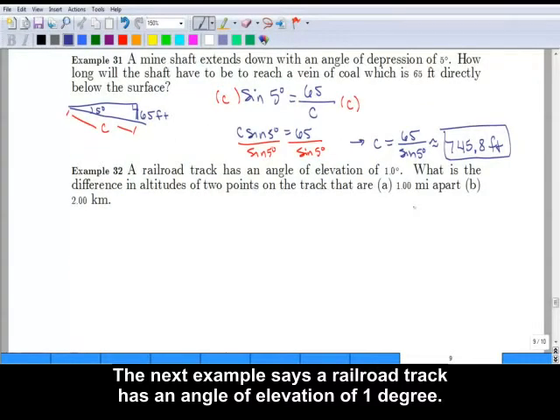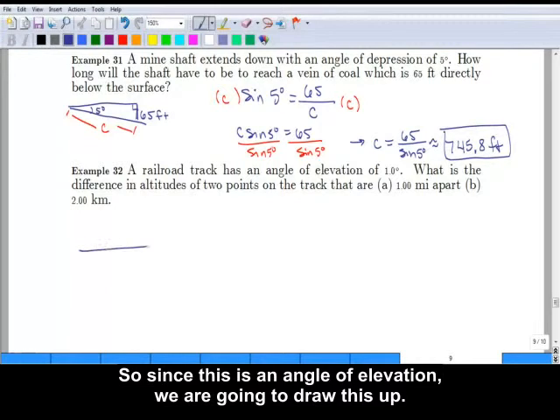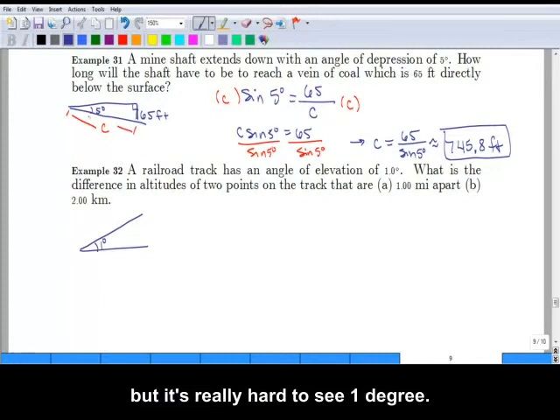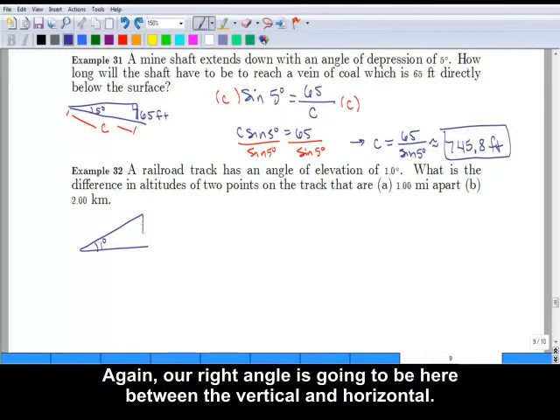The next example says a railroad track has an angle of elevation of 1 degree. So since this is an angle of elevation, we are going to draw this up. It should technically be smaller than the previous drawing, but it's really hard to see 1 degree. It is very minute. Again, our right angle is going to be here between the vertical and horizontal.